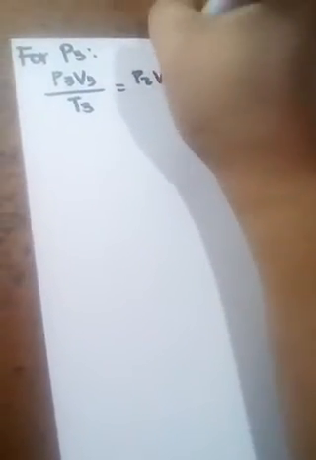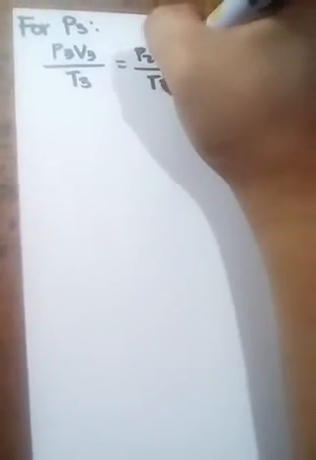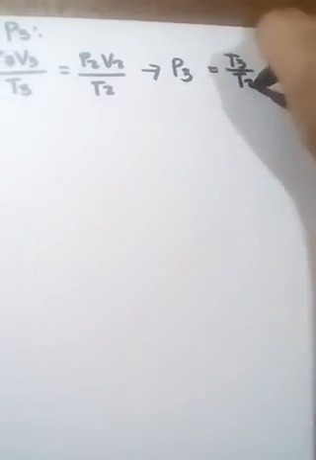So next for pressure 3. We're going to use P3 V3 over T3 is equal to P2 V2 over T2, wherein P3 is equal to T3 over T2 times P2.